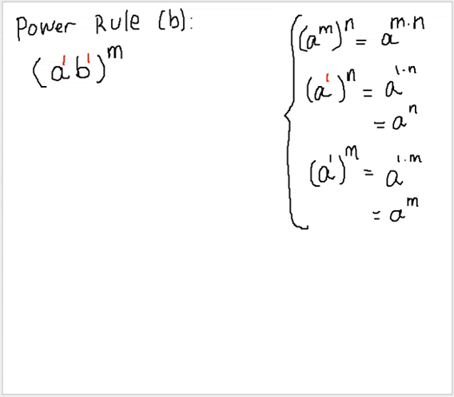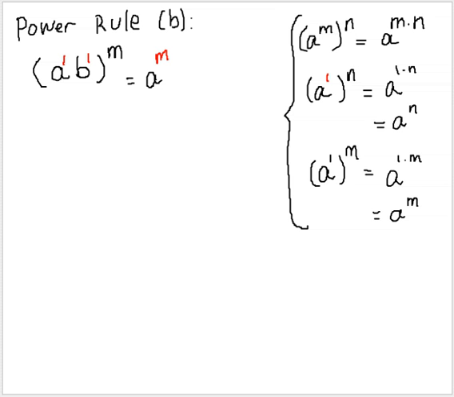Good. Okay, so if this is true, we can come up with the power rule part B and write this as A to the power of, okay, Elaine, can you tell me the exponent for A then, what that would be? That would be A to the power of what? M, exactly.